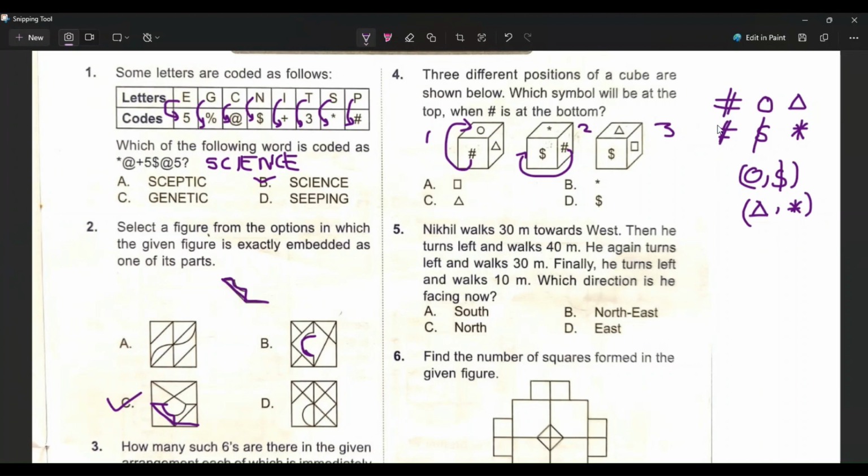And for hash, hash opposite hash will not come. So hash opposite a rectangle will come, and rectangle opposite hash will come. So now we found the opposite face to this hash is a rectangle. Option A is the right answer, children. Hash opposite face is rectangle.